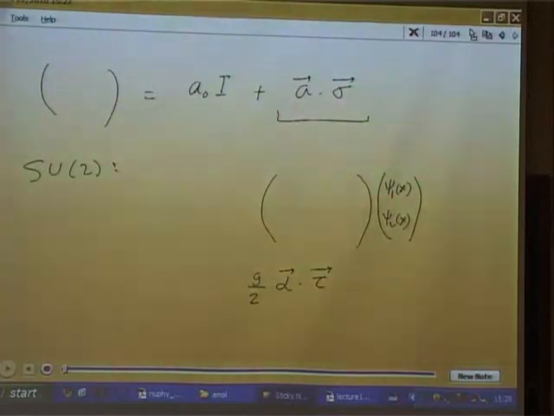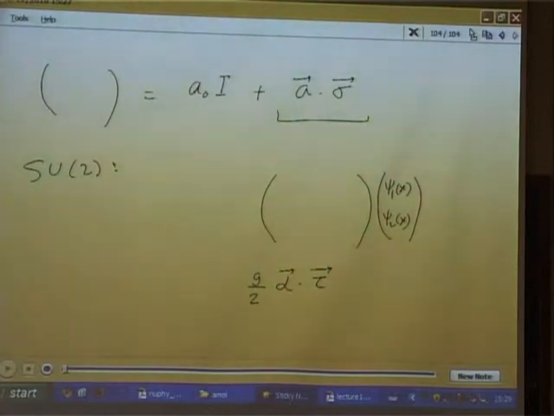You can see that alpha dot tau is essentially any traceless matrix. If you have a trace, then it comes as a0 times the identity.